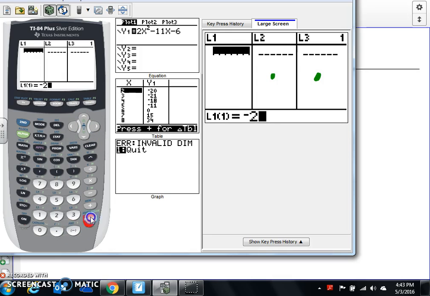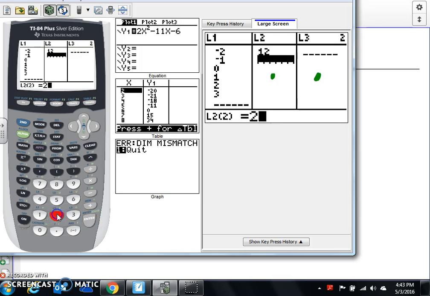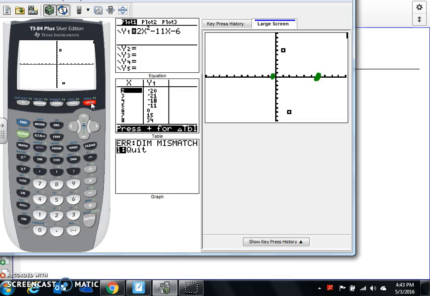So negative 2, negative 1, 0, 1, 2, 3. Go over to your L2, which are your y values: negative 12, 21, 16, 6, negative 8, and negative 25.